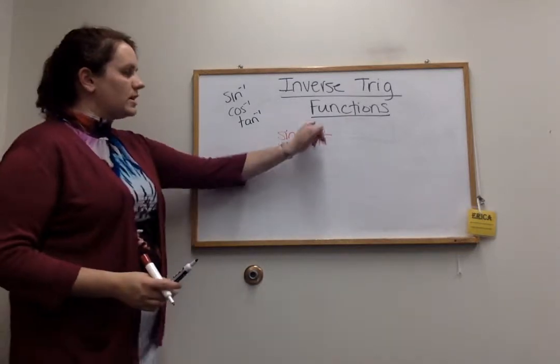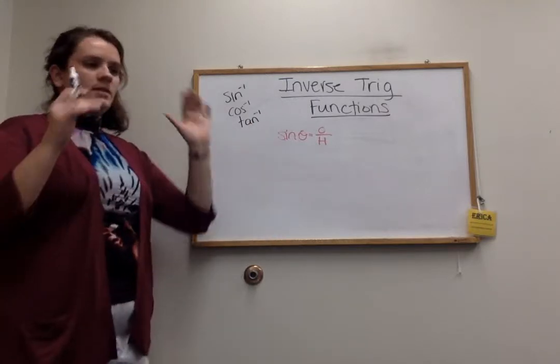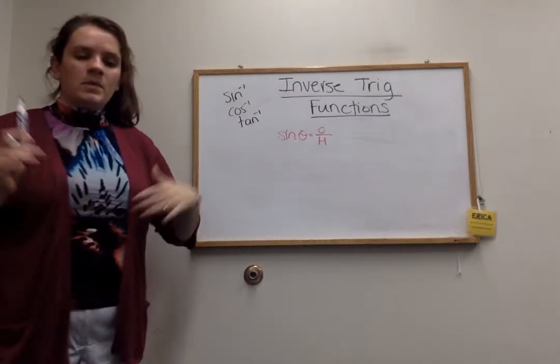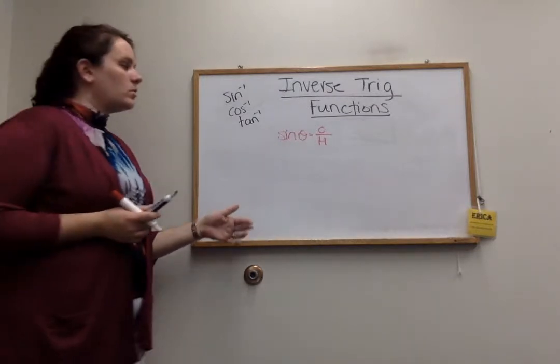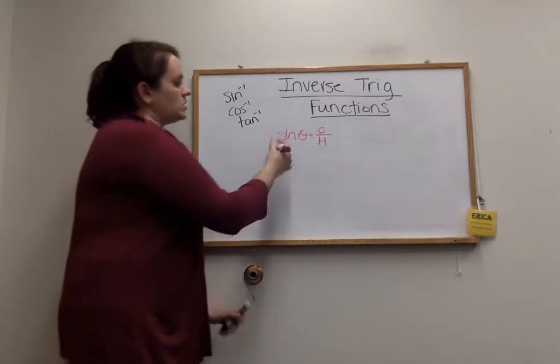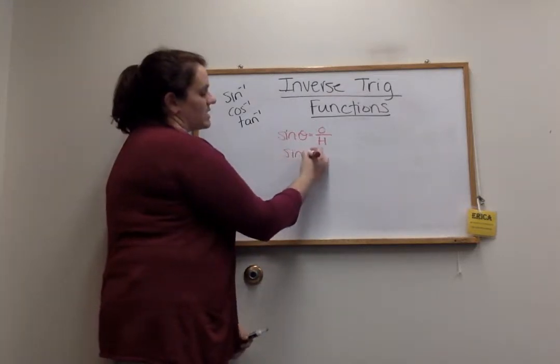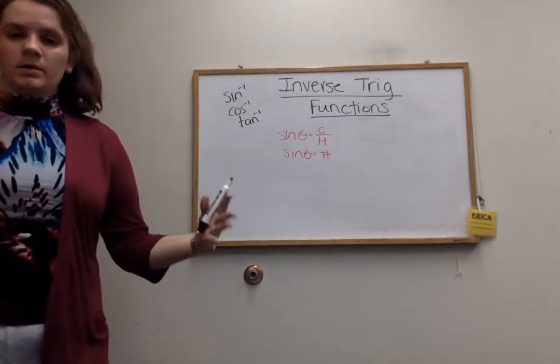But really, this ratio is just a number. We've done a lot of, you need the exact value and so on. But usually when we're trying to work backwards to find an angle, we're using the calculator, which means we don't need an exact value. So we can rewrite this and just say sine of theta is equal to some number.